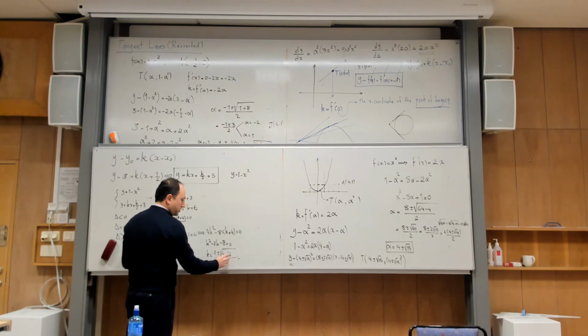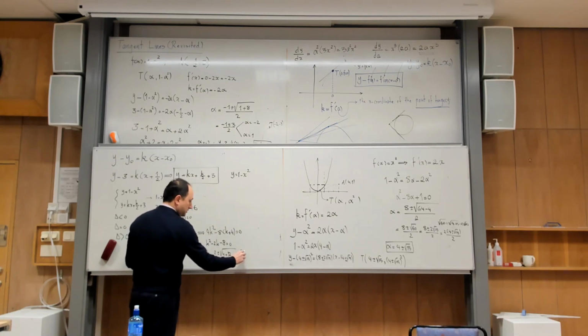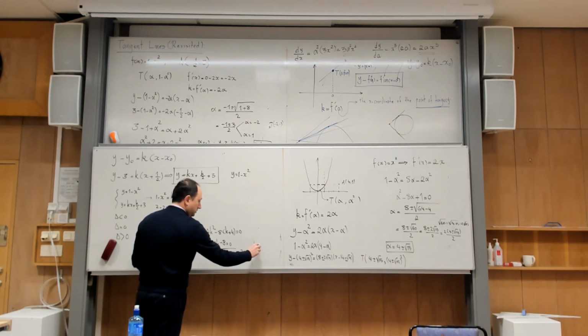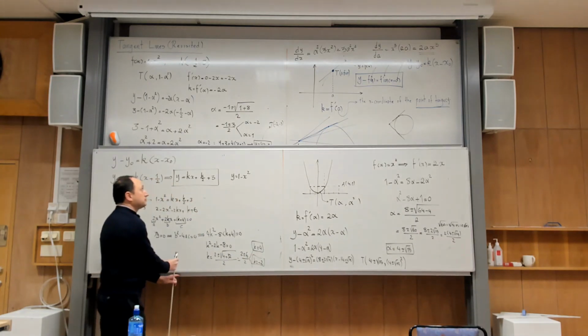But this becomes 36, 6 divided by 2. So the k values are what? 6 plus 2 divided by 2 is 4. 2 minus 6 divided by 2 is minus 2. They are exactly the k values.